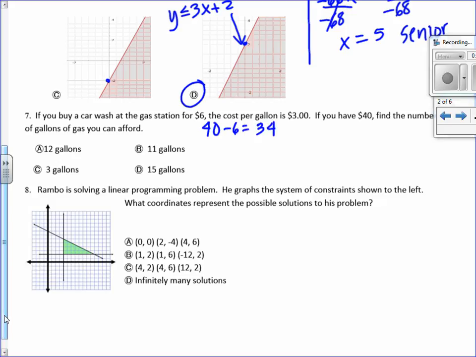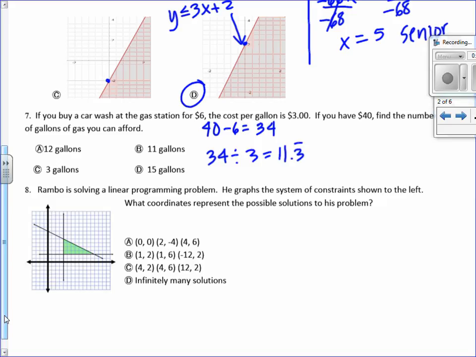So then if you have $34 and the gas is 3 bucks per gallon, if I do 34 divided by 3, I can buy roughly 11 gallons. It's actually 11.3 repeating.